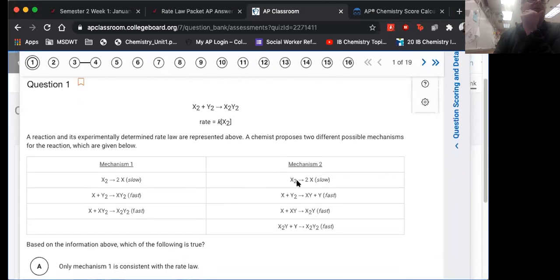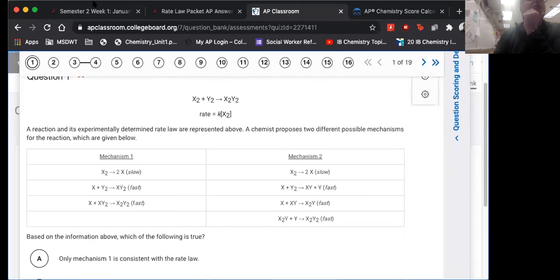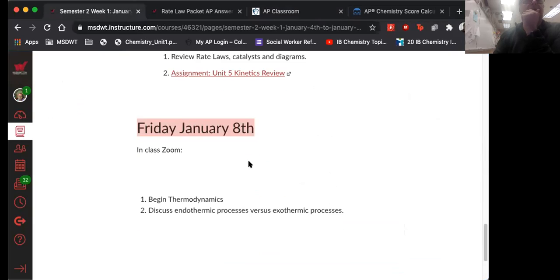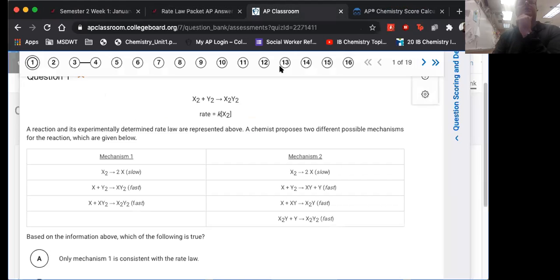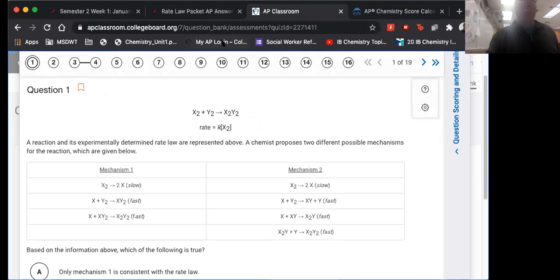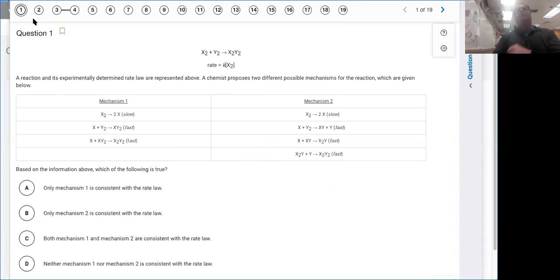So if you have your Zoom on a different computer, then you can click on this. You should be able to click on it right here and it will take you to it. Otherwise, you can log on to AP Classroom and get it from there. But if not, let's go ahead and just talk through these real quick. And hopefully I can get most of it on here.